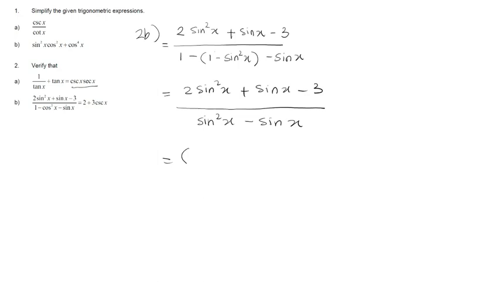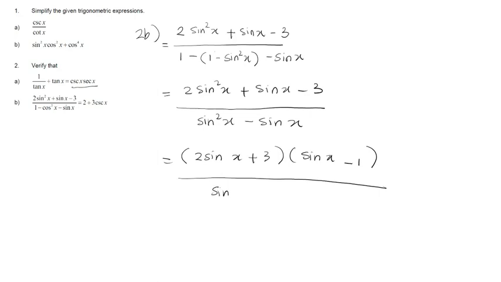So as we factor this, we get 2 sine x plus 3, and then sine x minus 1, over, so we take out the sine x here, so we have sine x minus 1.